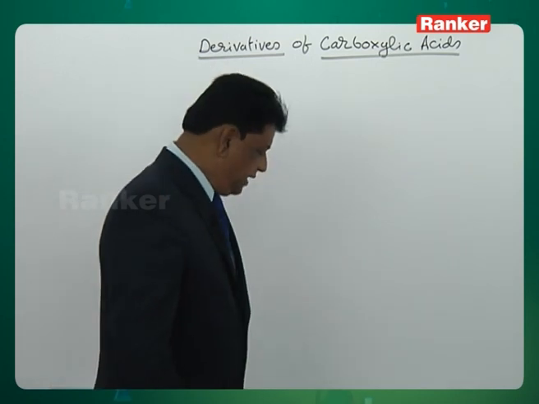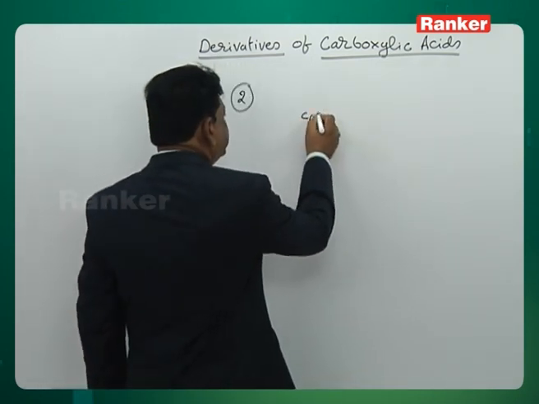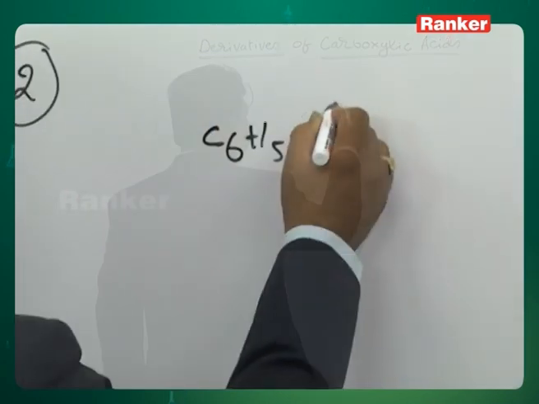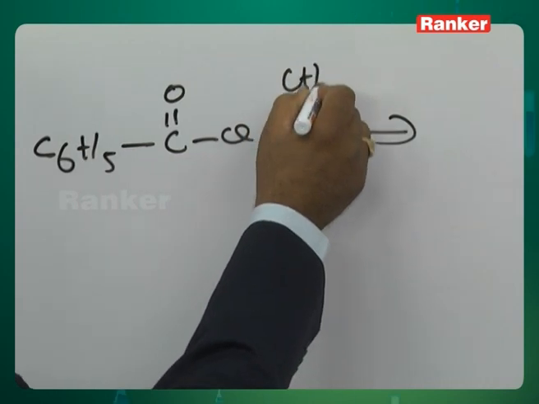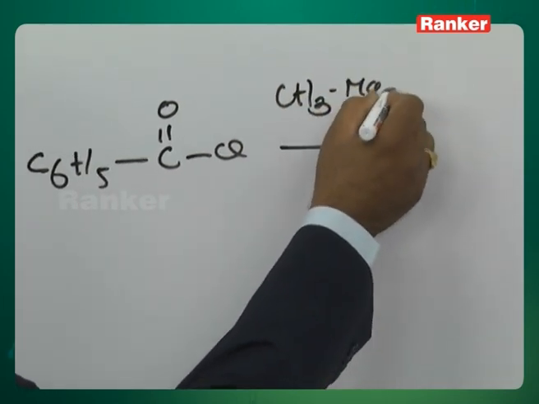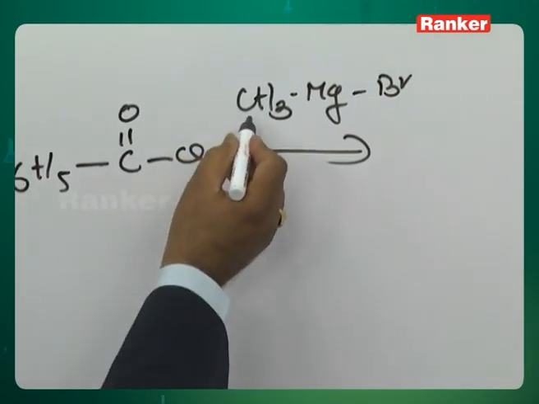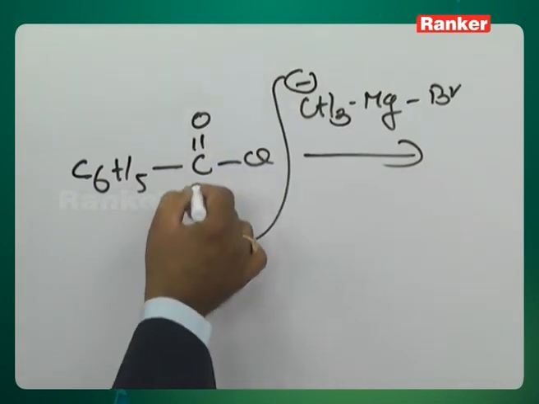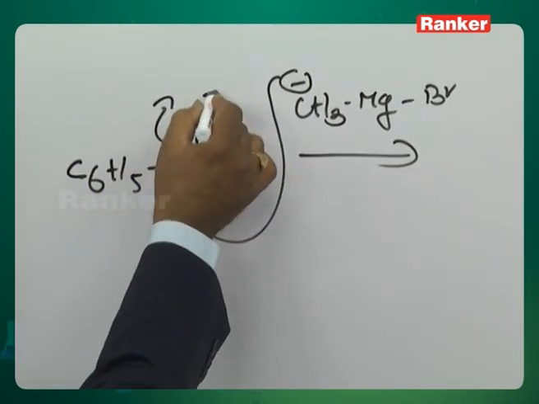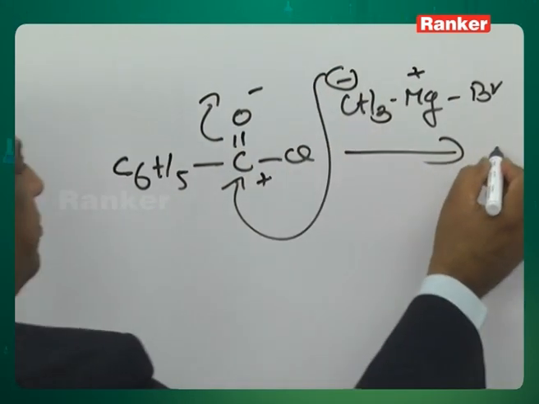So, specifically the reaction is theoretically C6H5 with C double bond OCl reacting with methyl magnesium bromide. It is a nucleophilic substitution reaction, first an addition reaction takes place. So, the R will be added on the carbonyl group and the magnesium will be added on the oxygen.